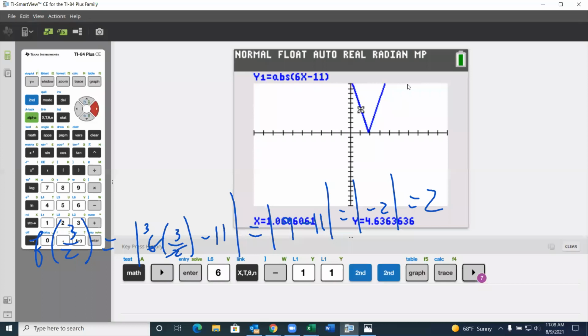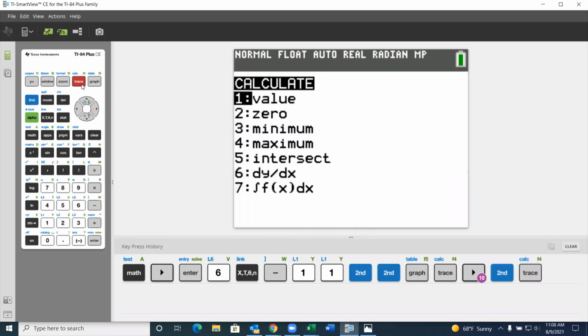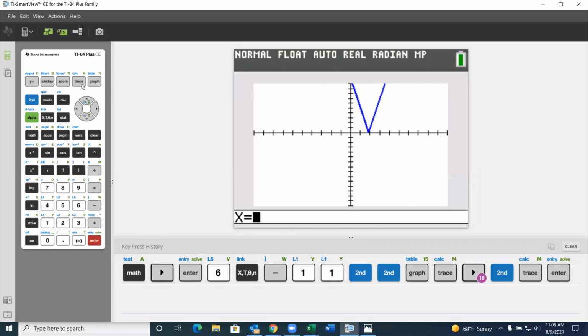Okay, so I go to 1.5. And this isn't going to be exactly 1.5. Well, that's pretty darn close. So I'm really close to 1.5, 3/2. And look at that, my y value is really close to 2. I could go second trace, and then option 1 is value, and then I can type in 3/2, and I get exactly 2.